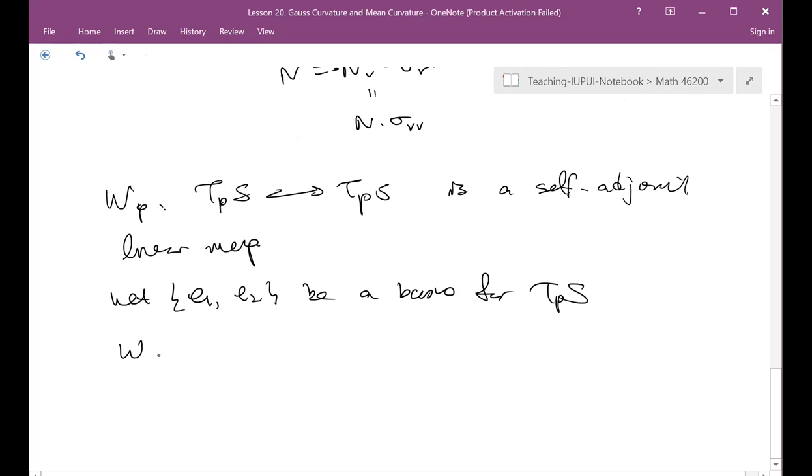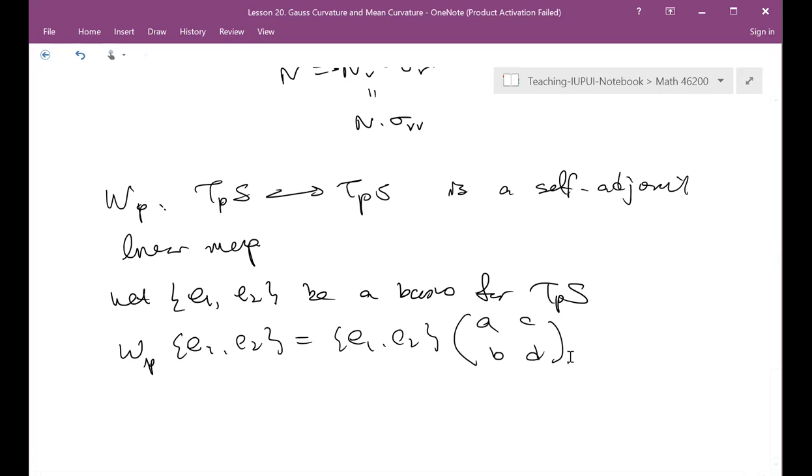You can find a matrix, okay? So how can I describe the matrix? This will be A, B, C, D, for example. Different bases, you get different matrices, but they're all similar.